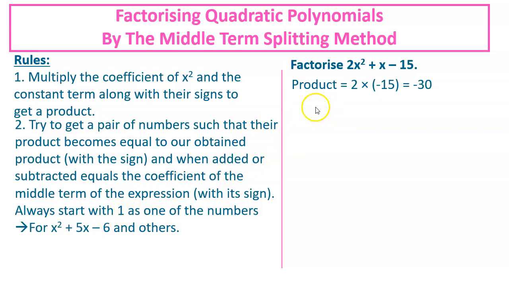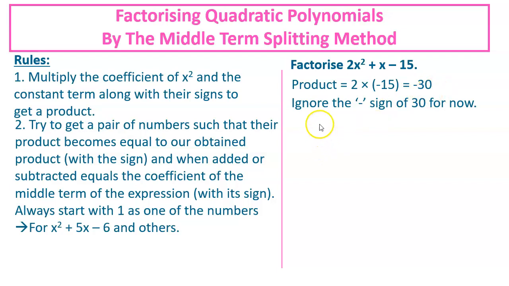Okay, so now we have to start searching for the numbers and ignore the negative sign of 30 for now. This is important. Just for now, to get the pair of numbers, we are just taking positive 30 and not negative 30. After we get the correct pair, of course, the multiplication should give us negative 30, not positive 30.